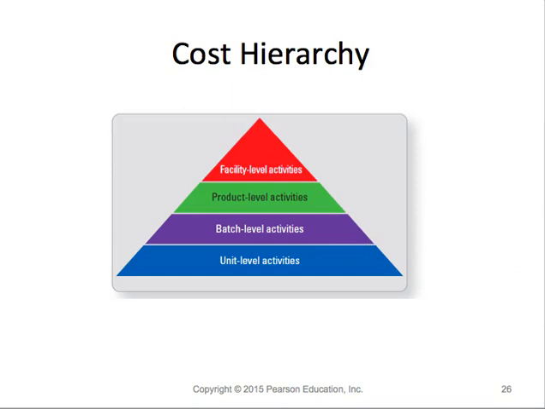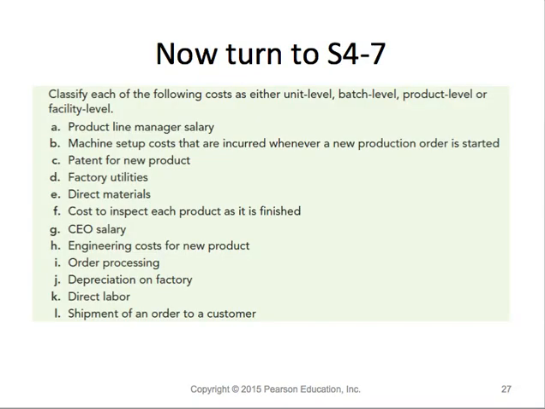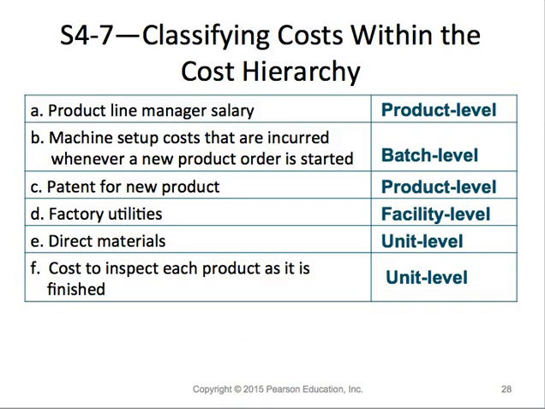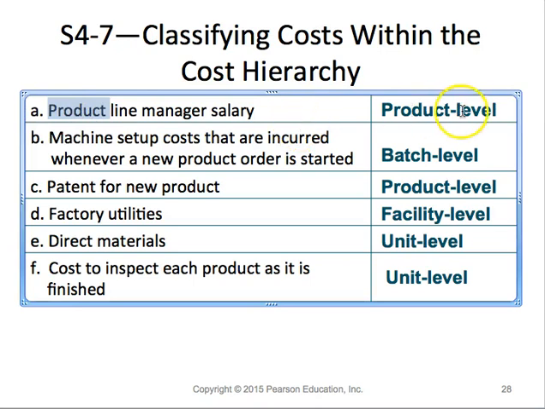So let's take a look at some examples. We're going to identify different levels for all these in here. So each one. Product line manager's salary is product level. This is a product line, so it's on producing the products. So it's a product level. And machine setup is batch level, because you cannot identify directly for each machine hour on a single product, because the machine setup may be used to produce multiple products.